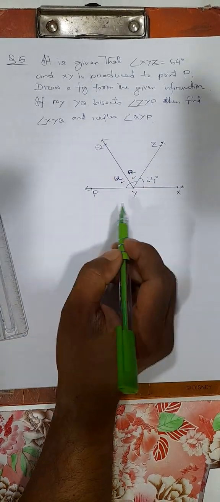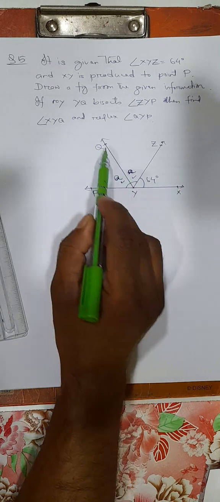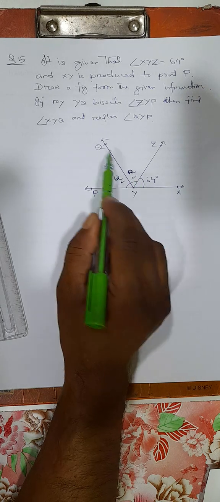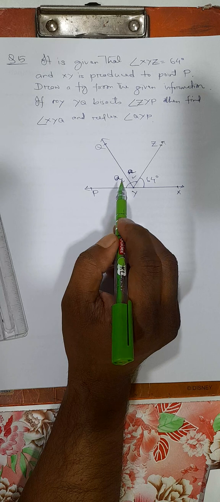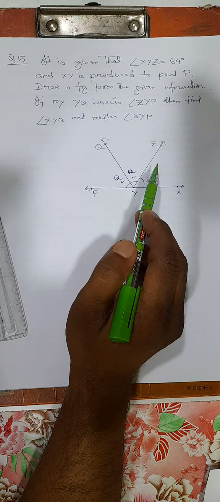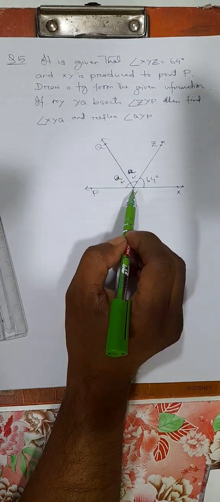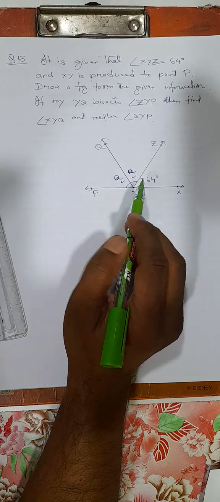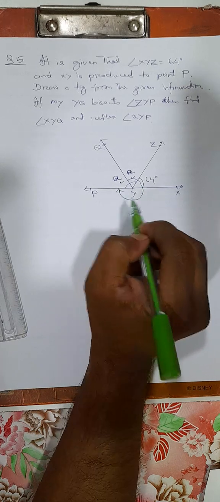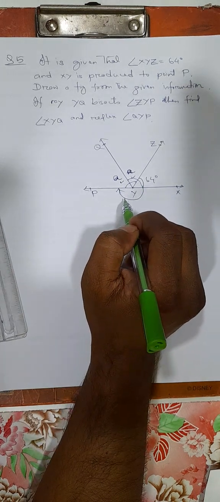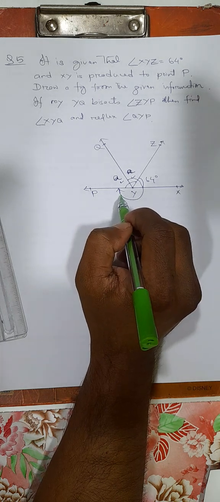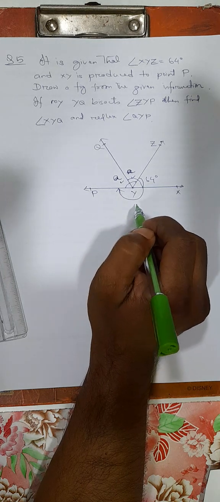Find XYQ. You have to find this angle XYQ. And reflex angle QYP. A reflex angle QYP means you will go this way.